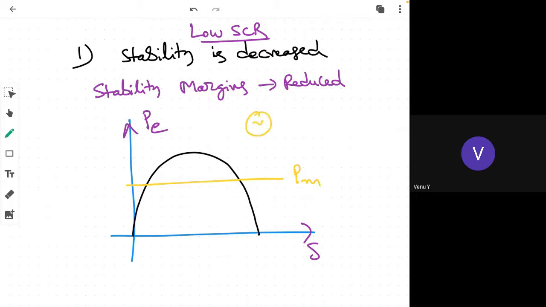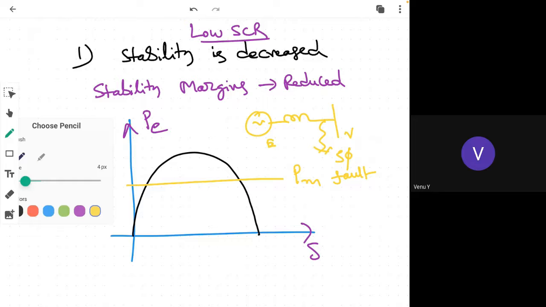So the generator is connected to infinite bus V and E. When a fault occurs at the terminals, a three-phase fault, immediately after occurrence of the fault, what happens? So it falls down to, so this is delta naught, the initial value.